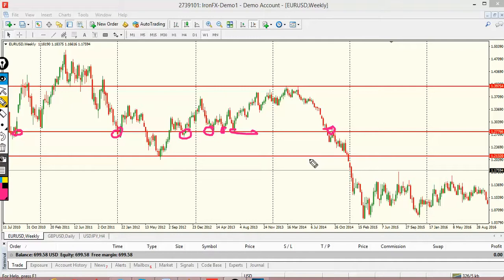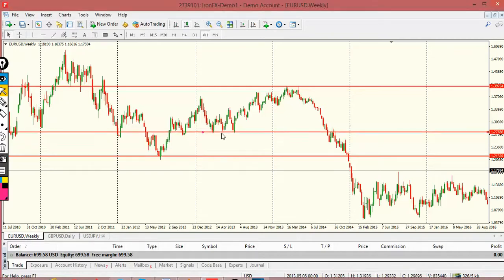There's another one here. So let's use that as an example. Then when we are doing this example, we'll go to the lower time frame to look for the trade. We are on the weekly chart, so we can go to the daily or the 4-hour chart to look for the setup and trade it.